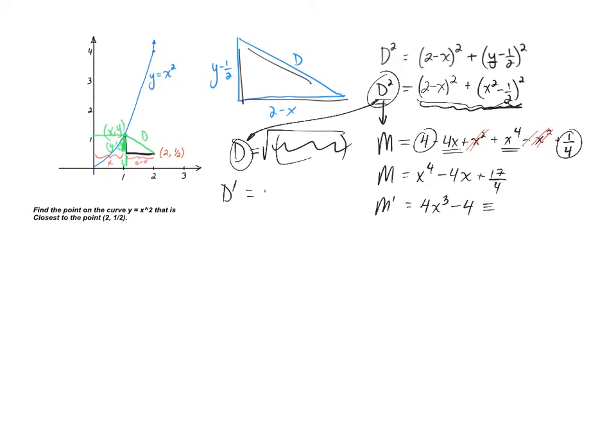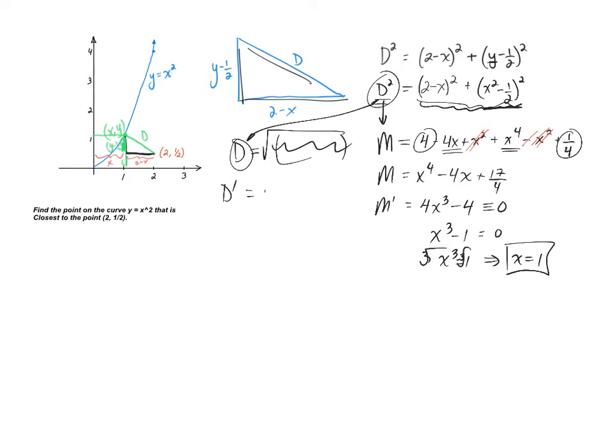So if we set that equal to 0, we're going to get our critical numbers. First thing I would do is divide everything by 4, and we get x cubed minus 1 equals 0. And that means that x cubed equals 1, so that implies that x is equal to 1, taking cube roots of both sides. It'd be nice to know that x equals 1 represents a minimum.